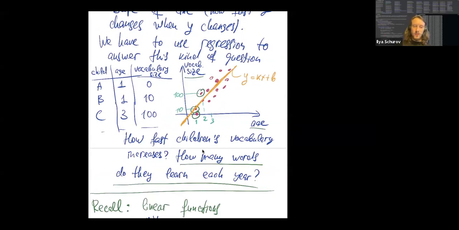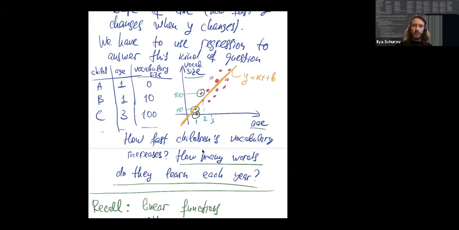So we begin with the data, and we begin with a question like this: how many words do they learn each year? This is our question. And then we replace actual real children with some model. We assume that there is one number that shows how many words an average child learns each year.